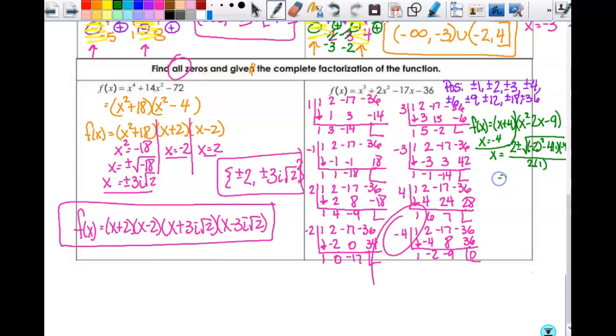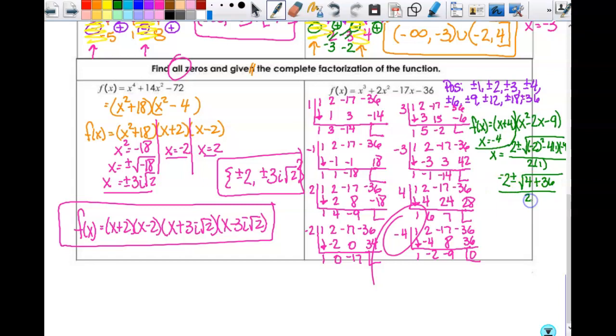So it means I get 2 plus or minus the square root of 4 minus, and then 4 times 9, negative 4 times negative 9 is a positive 36. Oh, dang it. Sorry. Positive 36. I don't know what's wrong with me there.